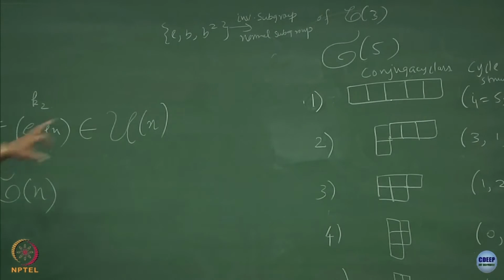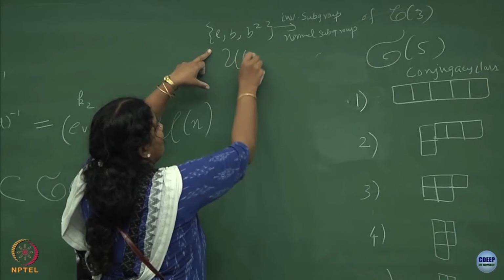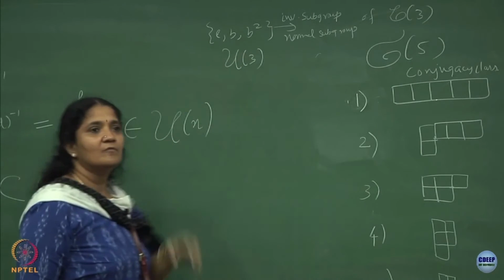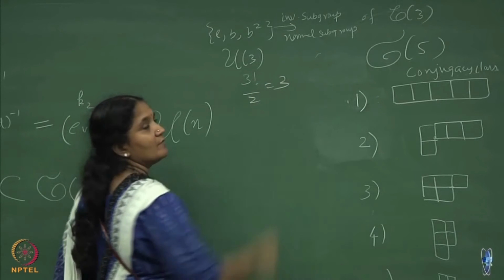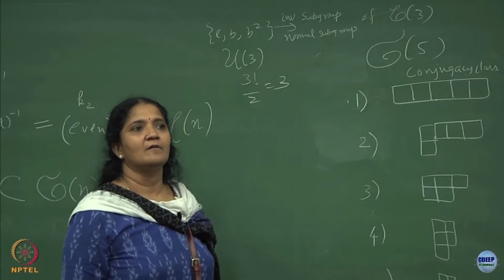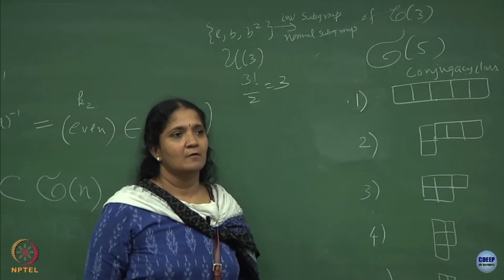And this is nothing but your alternating group, which has 3 factorial by 2 elements, which is 3. Okay.